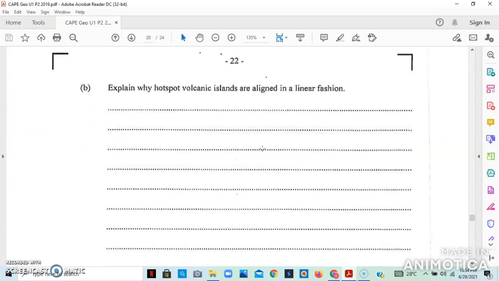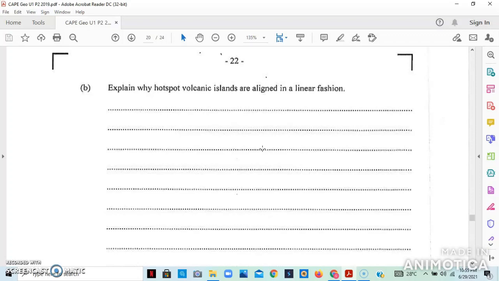For part B, you're asked to explain why hotspot volcanic islands are aligned in a linear fashion. A volcanic hotspot is an area in the mantle from which heat rises as a thermal plume deep in the earth. The high heat and low pressure at the base of the lithosphere facilitate the melting of rocks.